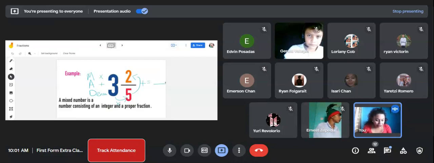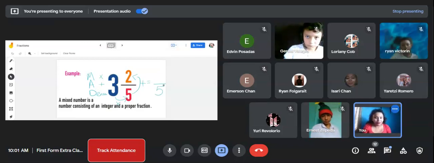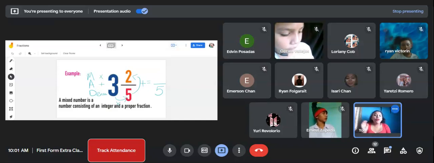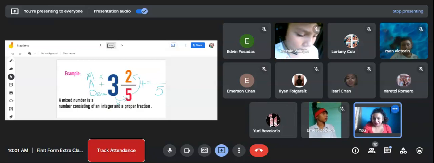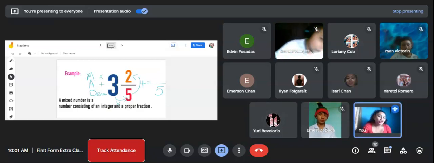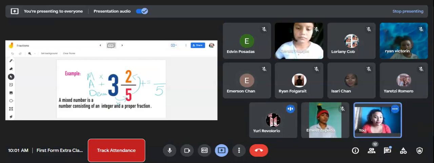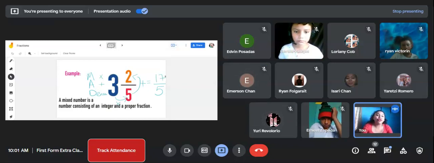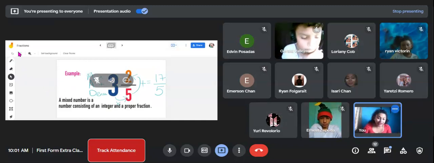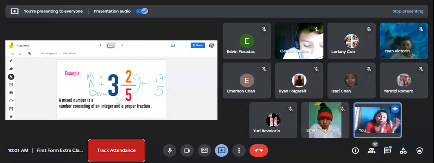And in my answer, I'm going to write the denominator. Multiply, add, denominator, right? So, what is 3 times 5? 15. And what is 15 plus 2? 17. So my answer is going to be 17 over 5. And I converted the mixed number to an improper number.